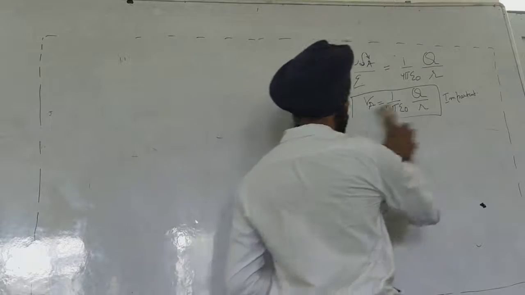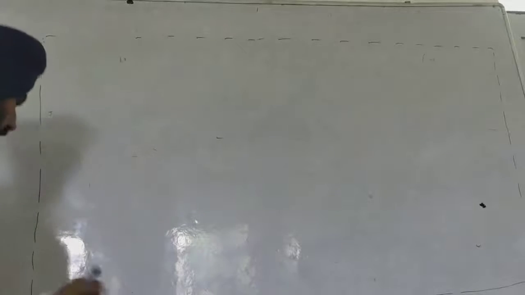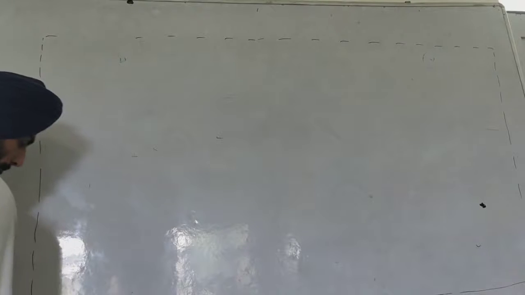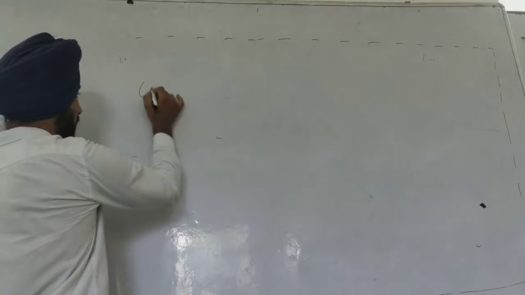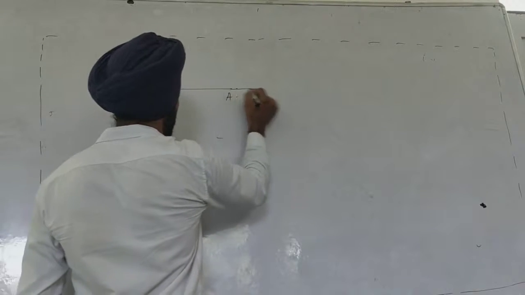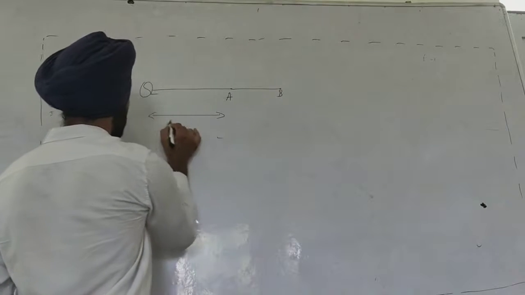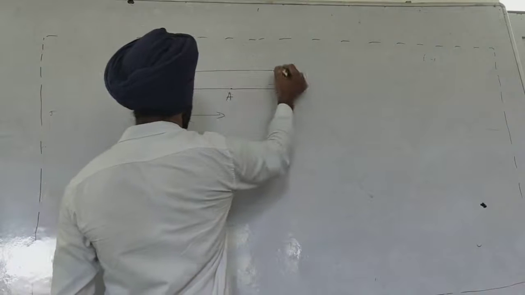This is the last relation. The next concept is: a source charge, a test charge is there, and you are bringing it, there are 2 points. One is at distance r1 and the other is at distance r2.